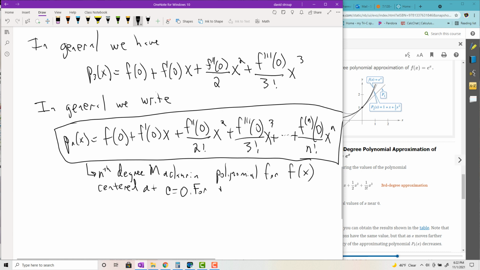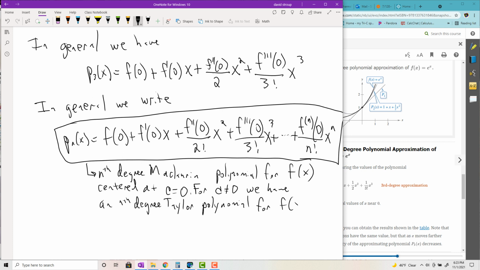So for c not equal to 0, we have an nth degree Taylor polynomial for f of x. The formula for that is actually more general. So p sub n of x would equal f evaluated at whatever the center is. If the center was 0, you just get the Maclaurin polynomial.